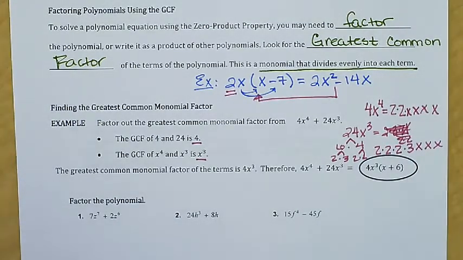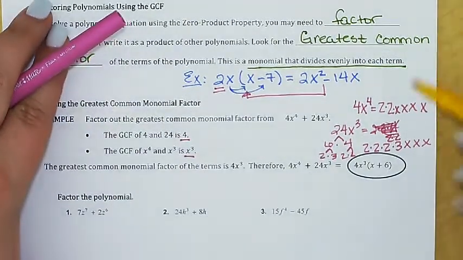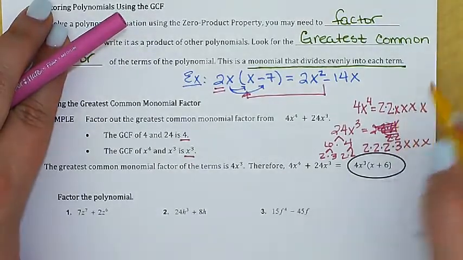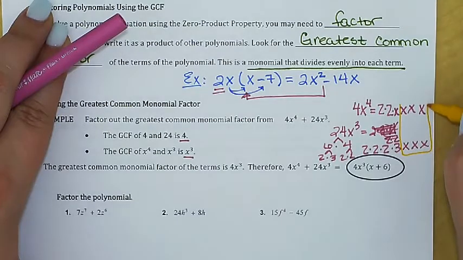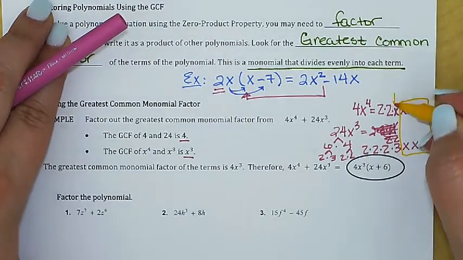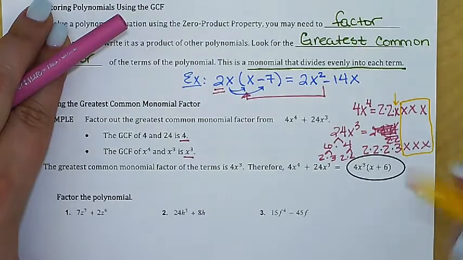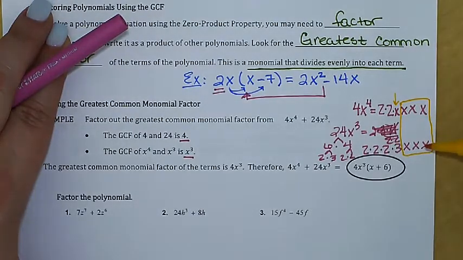You don't always have to do this, but I wanted you to see where this all came from. When we talk about the common factors, what do they have in common? This has 3 x's and that has 4, so in common they only have 3. Yes, this one has an extra one, but the bottom one doesn't, so it's not a common factor.